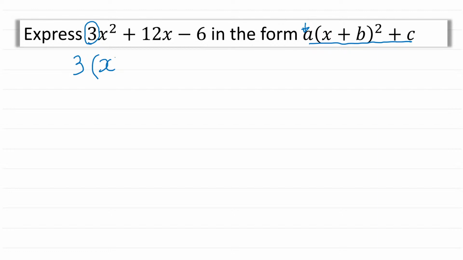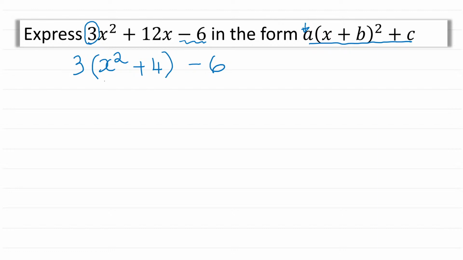So 3 and then x squared plus 12, 3 is outside, we need to have a 4 here. Now, like I said before, I want you to separate this constant, okay? So we're just going to write minus 6 here.